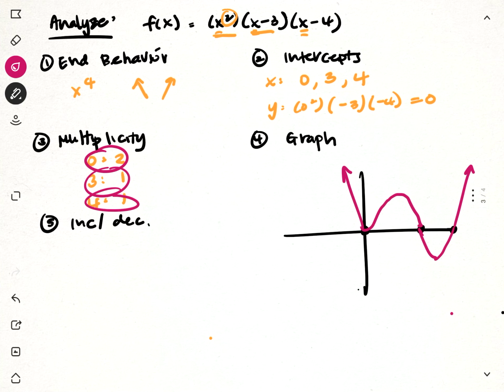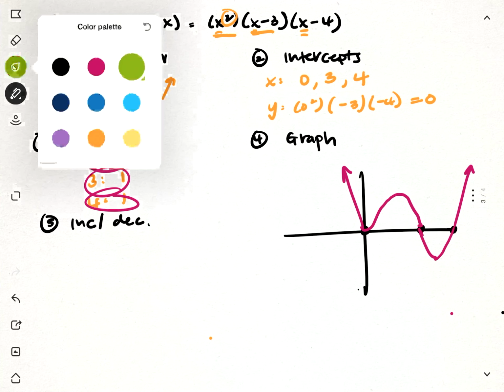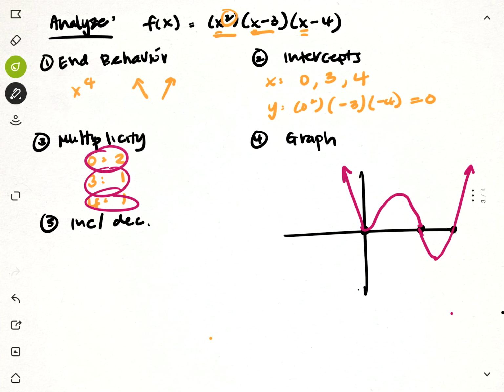All right, I forgot to do this on the last one, but it says just note where it's increasing and decreasing, and this is another good skill to have for calculus. So if we look at this graph, because it's wavy, there's going to be parts where it's increasing, there's going to be parts where it's decreasing. So remember, we read our graphs from left to right.